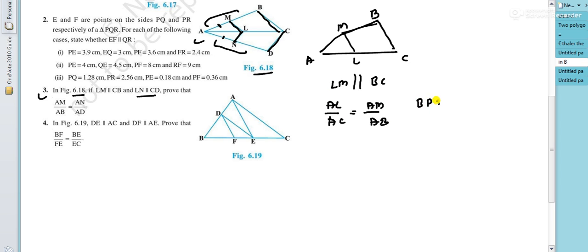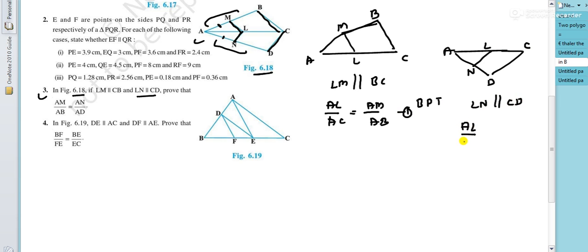Take this as equation 1. Similarly, the next figure, just separate it. This is A, L, C, and this is N and D. Since LN is parallel to CD, can't we write AL by AC is equal to AN by AD, right?